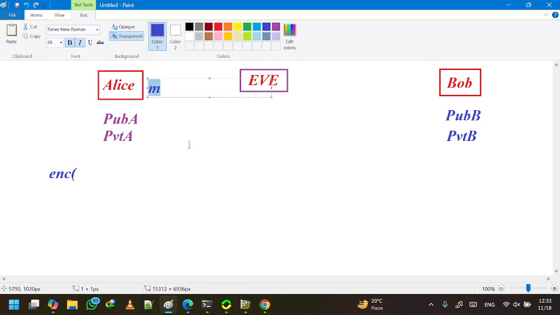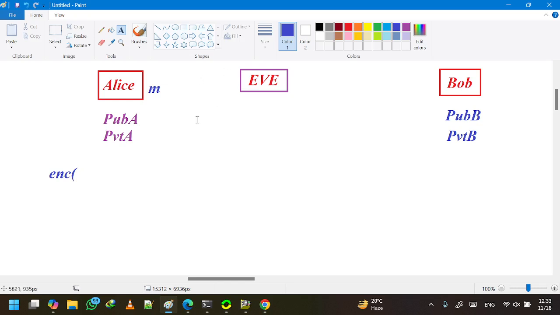So this message M needs to be sent to Bob, but we know that Evil Eve is listening to it. So right now, what we can do is Bob can send his public key to Alice, and Alice can use this key to encrypt the message M that is to be sent to Bob.